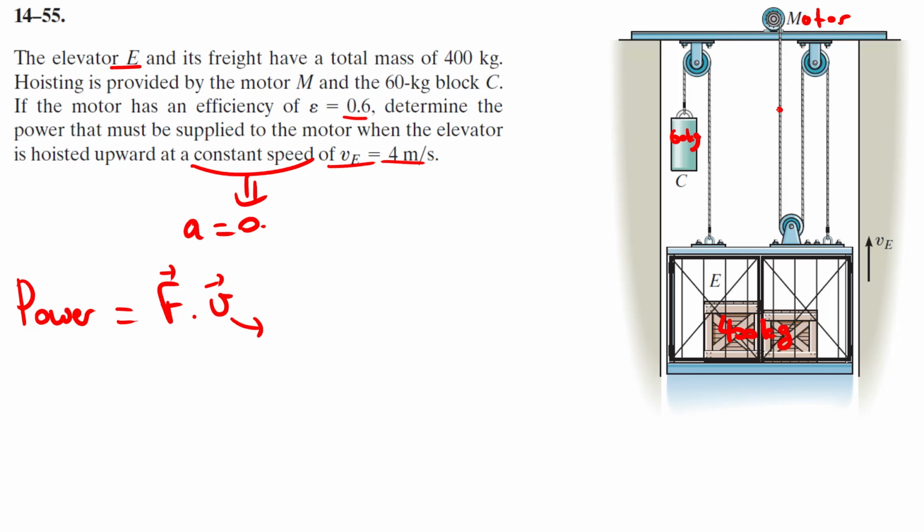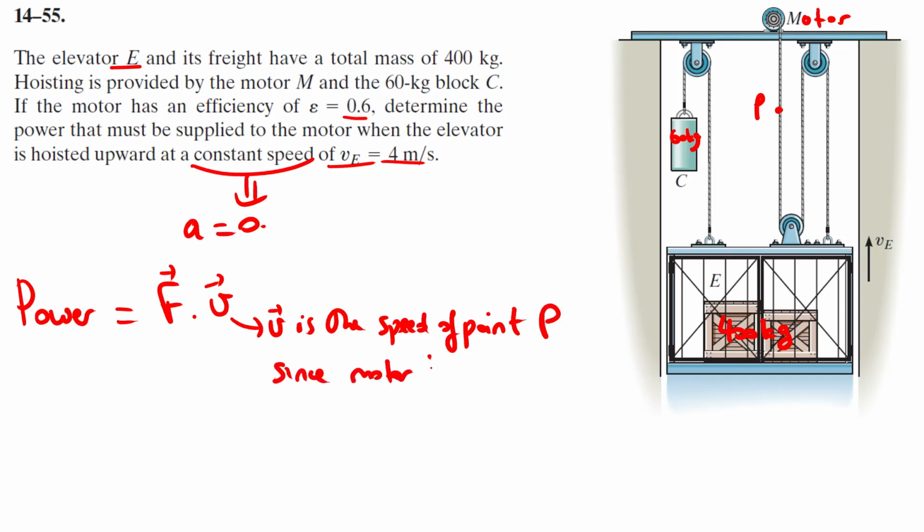Let me take it here, the P. The velocity is the speed of point P. Since the motor hoists that P, that's directly related to the motor speed, and that's equal to the motor speed.